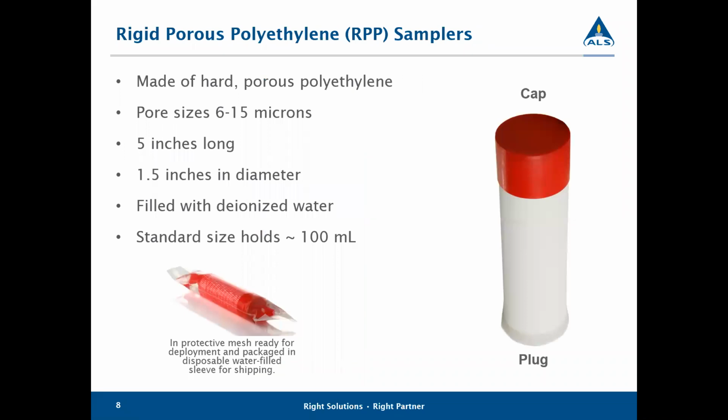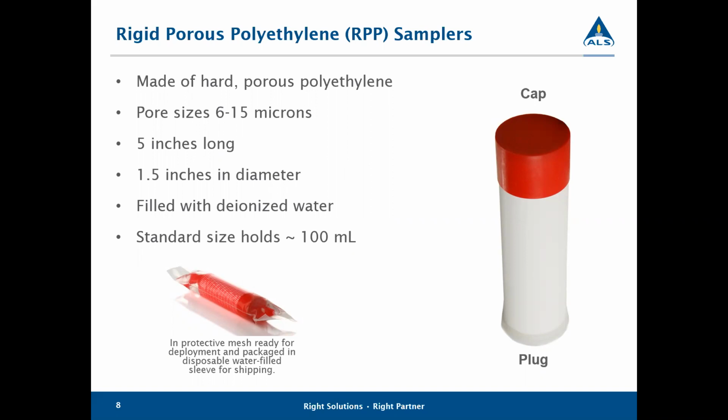Again, this is the RPP, the rigid porous polyethylene sampler. RPP samplers were invented not too long after the passive diffusion bags, sometime in the early 2000s. RPPs are made out of thin sheets of foam-like porous polyethylene, pore sizes 6 to 20 microns.